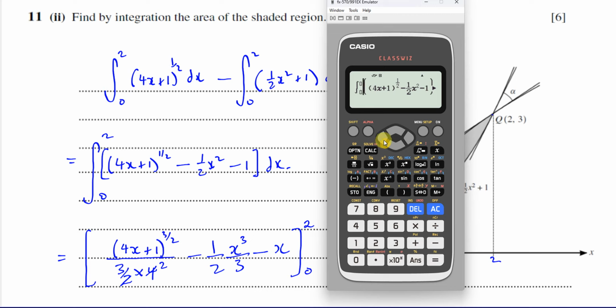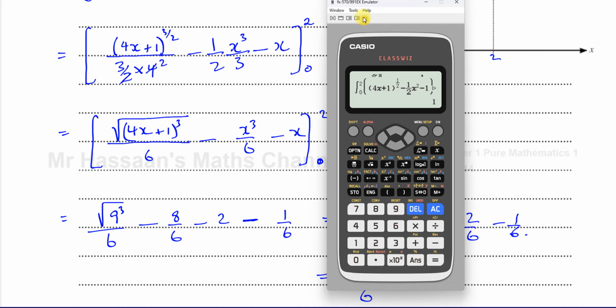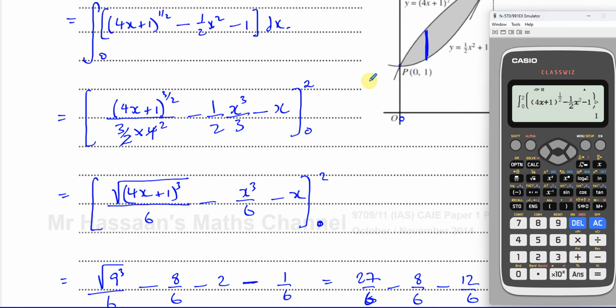And then I'm going to put the limits in, which are 0 and 2. Now this, if I've typed everything correctly, should give me 1. And it does.